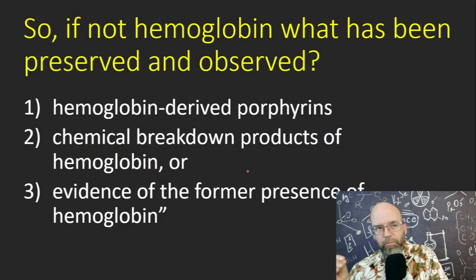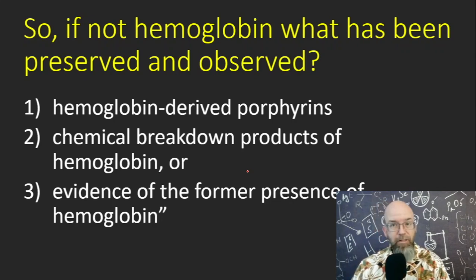Now, but what exactly was found in these fossils? All right. So hemoglobin, what has been observed? What has actually been preserved in this mosquito or older fossils such as dinosaurs?